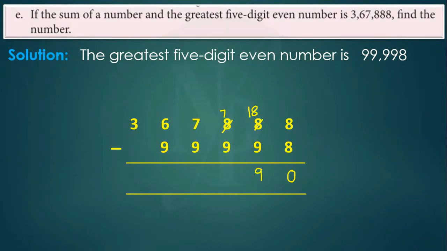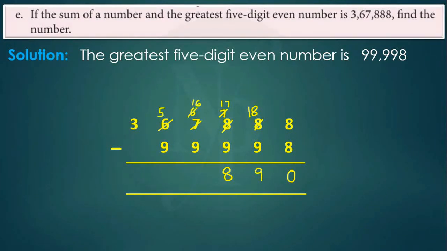And subtracting 9 from 7 is not possible. Regroup, make this 6, and this now becomes 17. Subtracting 9 from 17, you get 8. And subtracting 9 from 6 is not possible. Again, you have to regroup, make this 5, and now this can be made 16.